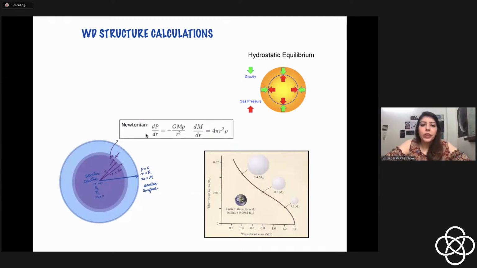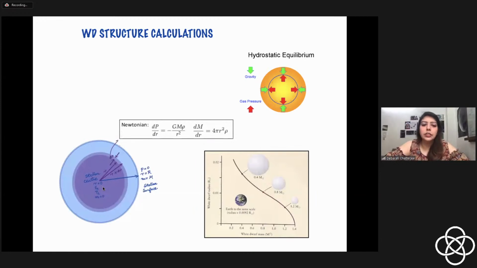So now, if you solve this equation, there are numerical techniques. Numerically this is simpler to do, because analytically it is harder. But the basic idea is this: in order to find the mass and radius, we start from the stellar center.